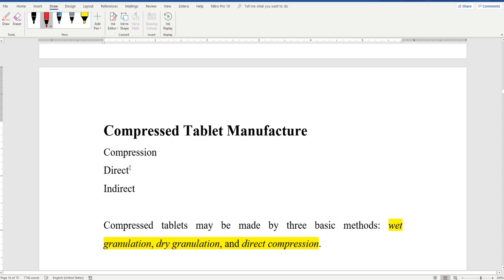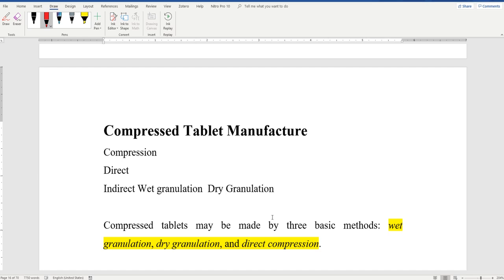Okay, هل في هناك عملية drying? No, because I'm not doing any wetting or any granulation, and that's why we call it direct. طيب indirect can happen by wet granulation or dry granulation. إذن here it's indirect.